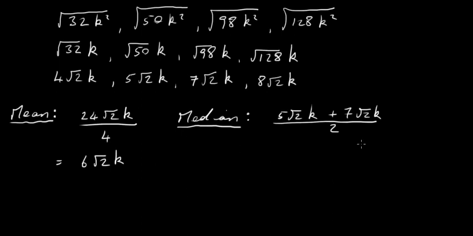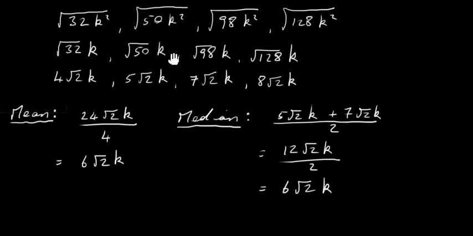You don't even need to do this. You can see there's going to be the middle number between 5 and 7, which is 6 root 2k, but let's do this anyway. 5 root 2k plus 7 root 2k is 12 root 2k. I'm going to divide that by 2, and 2 into 12 will give us 6 root 2k.